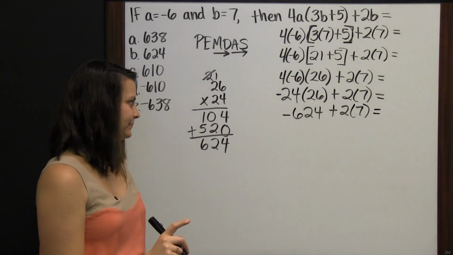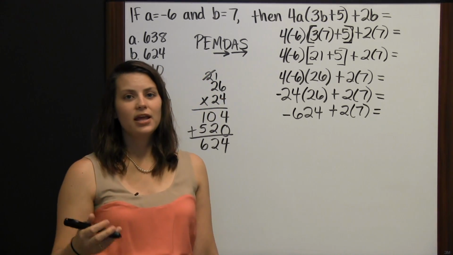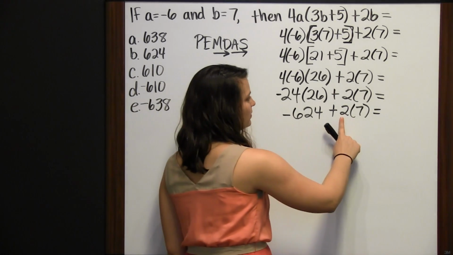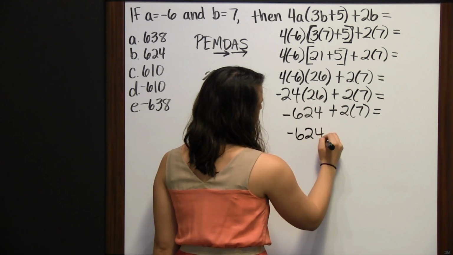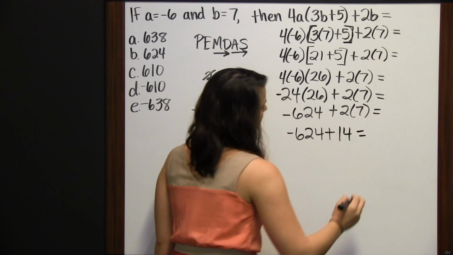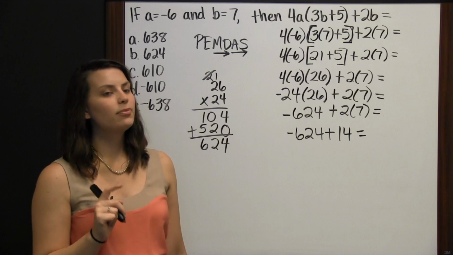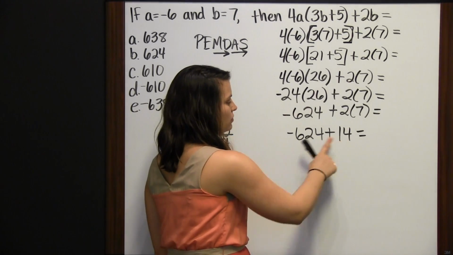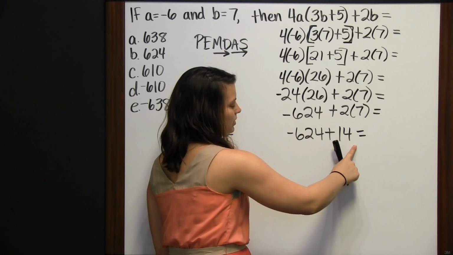We're almost there. We need to continue with our multiplication until we've multiplied all the terms there are to multiply, which means we next need to multiply our 2 times 7. So we have negative 624 plus 2 times 7 is 14. Now we finally simplified it down to our very last operation, and that is addition. And we're adding two numbers with different signs. One's negative, one's positive.